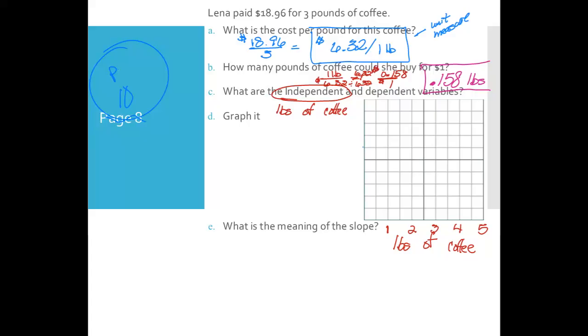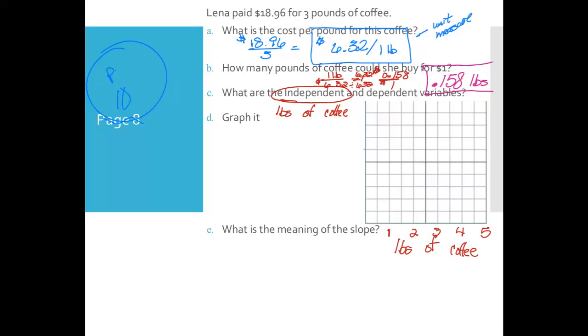Now you don't have to pick those numbers, but you could. And on the side, we're going to talk about the cost of the coffee. But especially these days when we're talking about the tariffs and everything, these could be switched, okay? Because the cost of your coffee with the prices changing might actually determine how many pounds you get, okay?